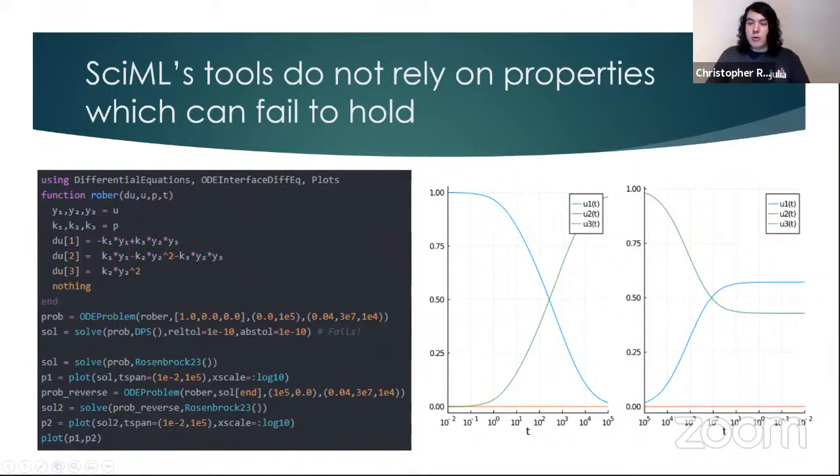Now, the other thing that can go wrong is that some methodologies require reversing the ODE. And the reason why we don't require that for all of our adjoints, and why we have these different choices, is because you can, for example, solve this equation forward, and solve it in reverse, and see that numerically you end up at two different steady states. You don't end up in the same place as you go backwards, right?